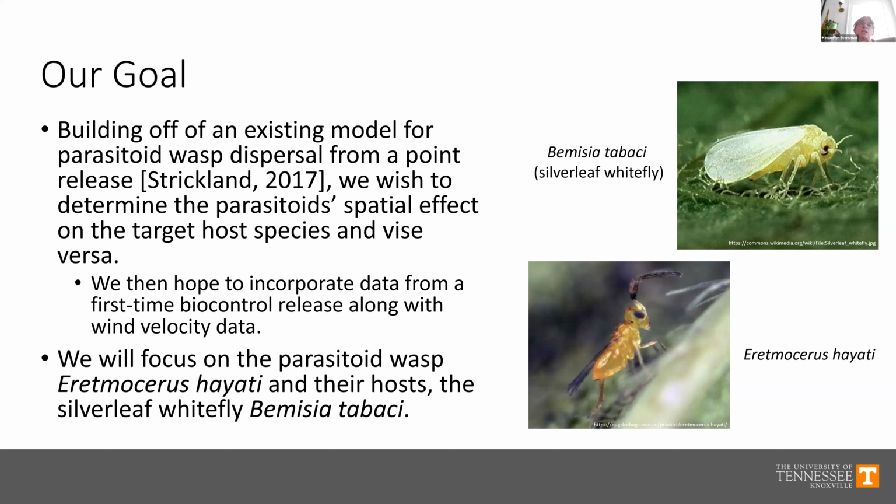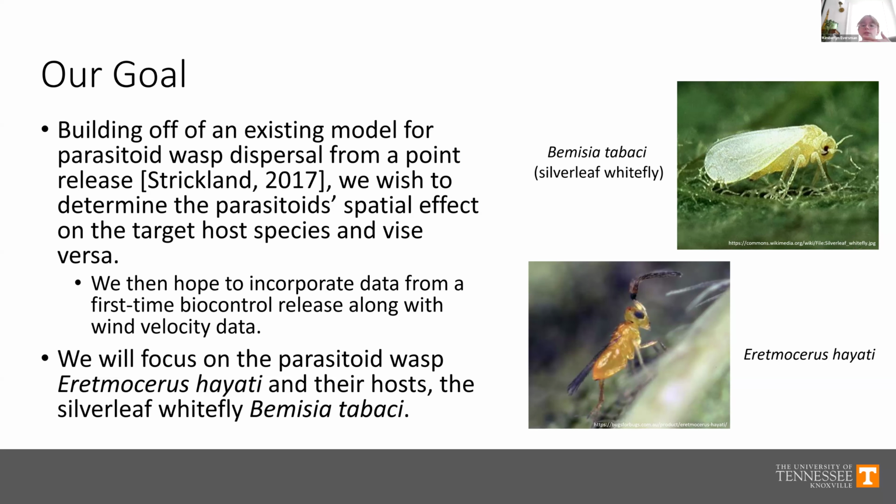And then we'd like to be able to incorporate some data from this paper from a first-time biocontrol release in Australia. There's this paper where they released the parasitoid E. hyade to tackle the silverleaf whitefly. This was the first time it had ever been released in Australia.